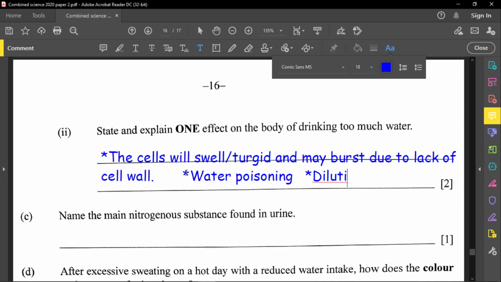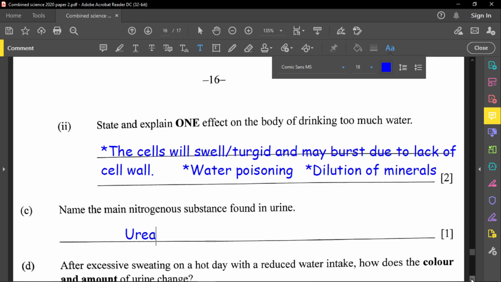You would urinate them out real quickly, and you need the minerals in your body. Next, name the main nitrogenous substance found in urine, and this is urea. Urea is found in the urine.